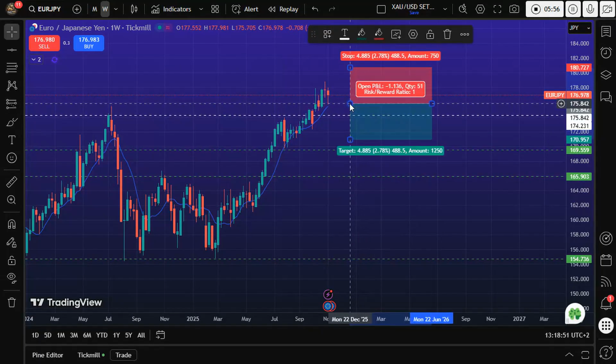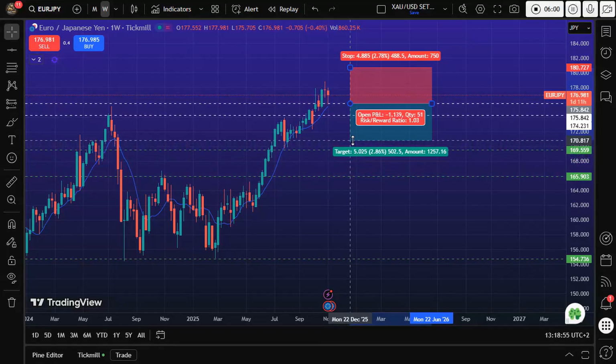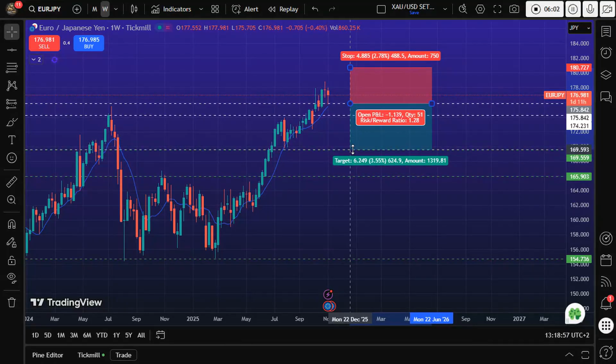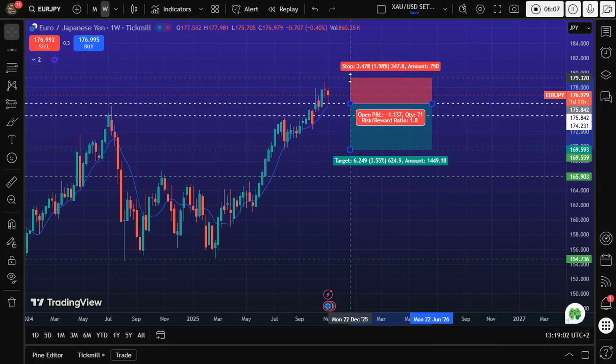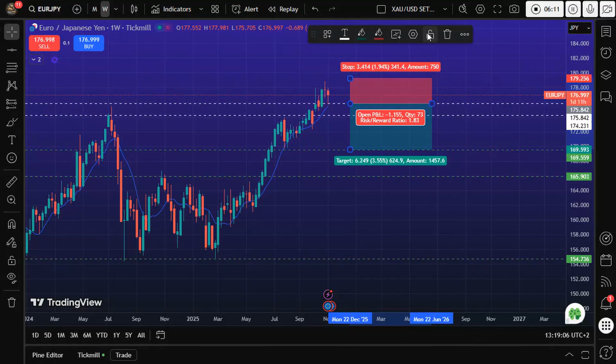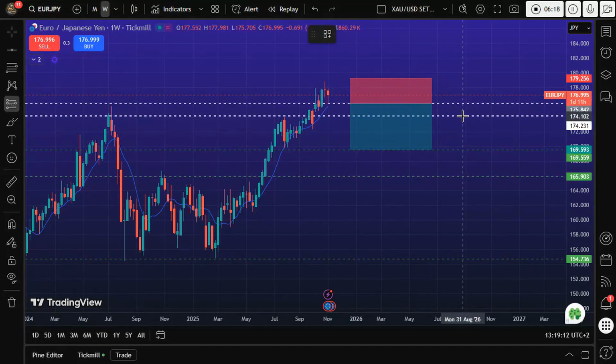This is gonna be my first entry, and I would like to use this support here, and then my stop loss should be around here. That's my first entry, and then my second entry should be going short around here.